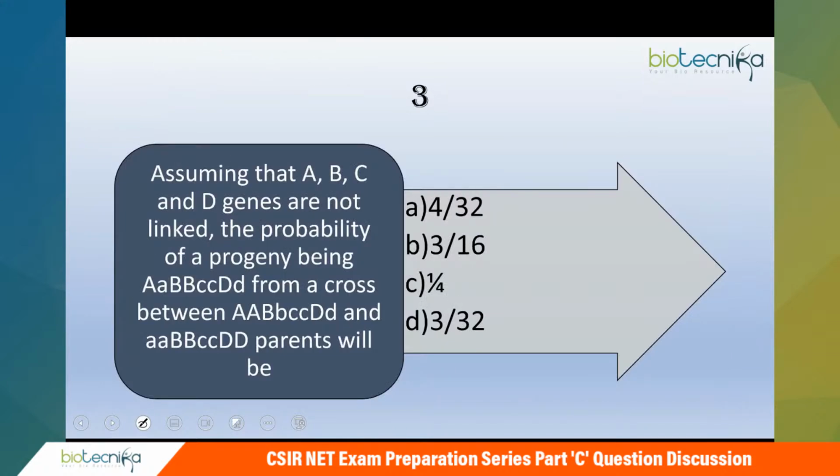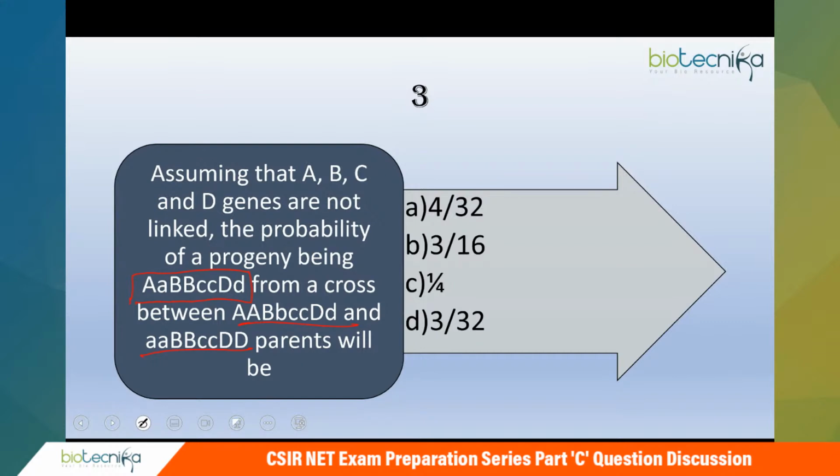Now, this is also a previous year CSIR question. Assuming that A, B, C, and D genes are not linked, what is the probability of a progeny having this genotype from a cross between these two parents? Again, as we did in the previous question, this question is pretty easy.